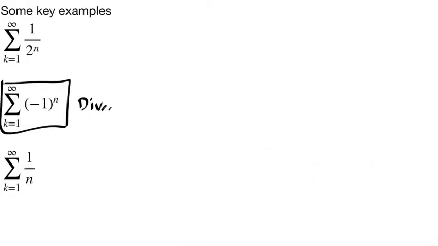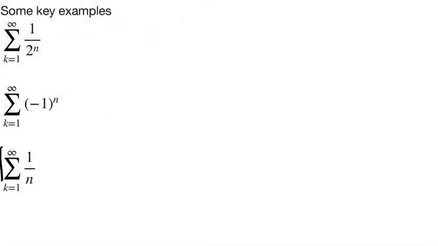It does not eventually gather towards anything. And this is an interesting one because we can see that it diverges, but the values of the series don't grow infinitely large. They're just always bouncing back and forth between positive 1 and negative 1.